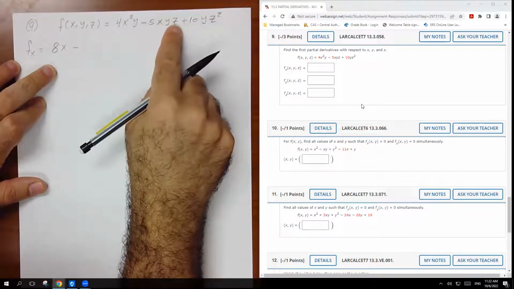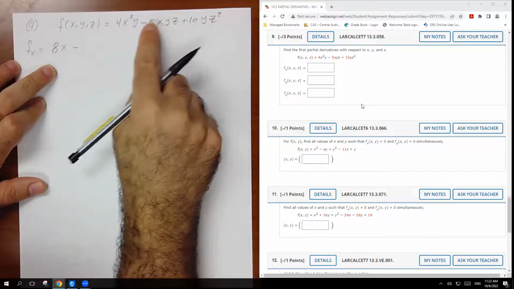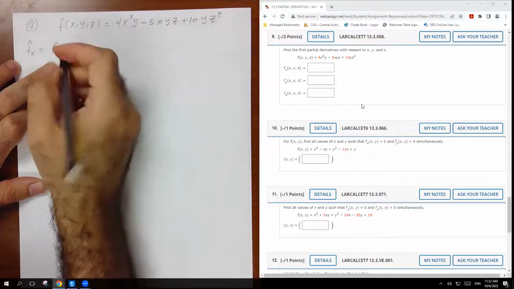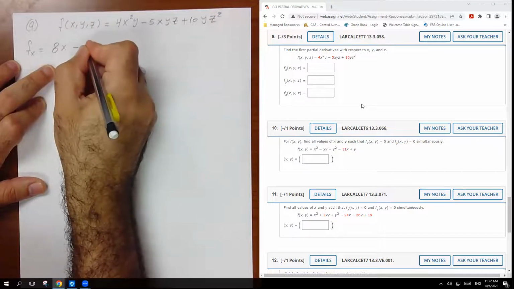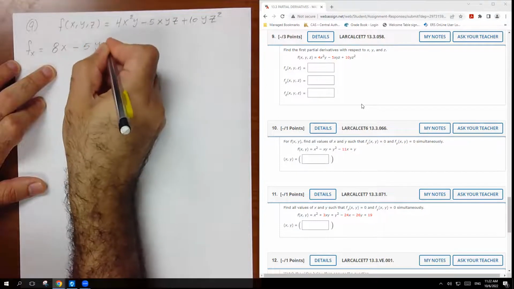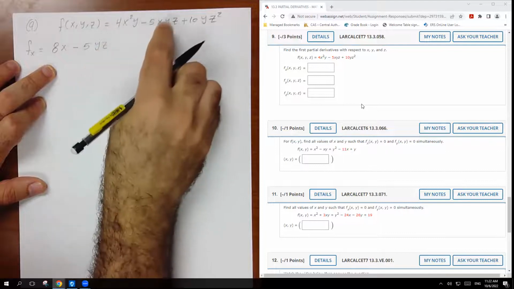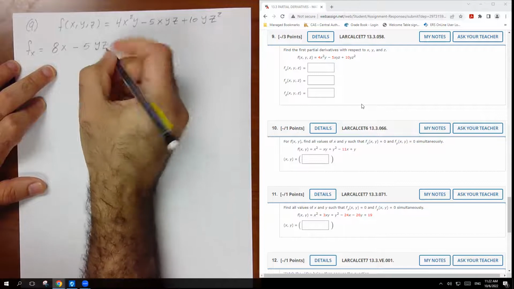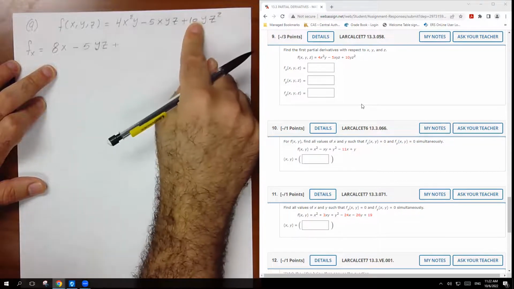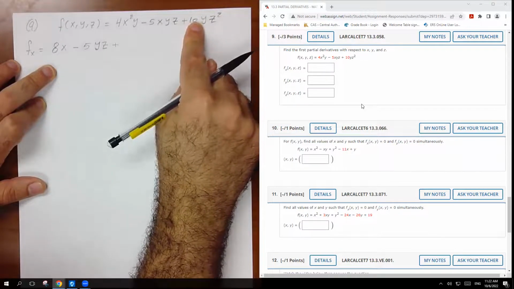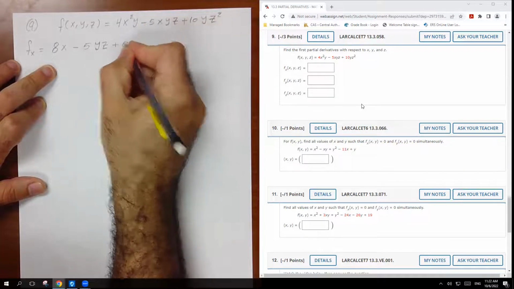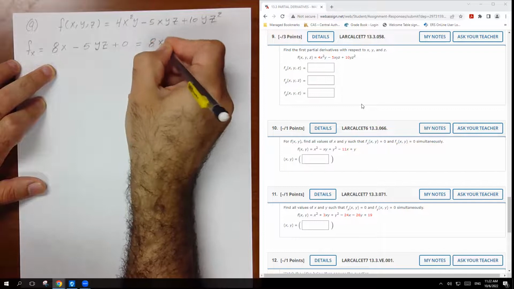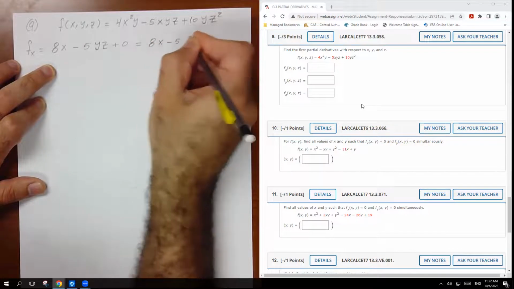So y and z are constant, this is 1, so it's going to be negative 5yz. If you want to check that, you can do the chain rule here. Plus, for this one, there is no x, so everything here is 0. That means f sub x is going to be 8x minus 5yz.